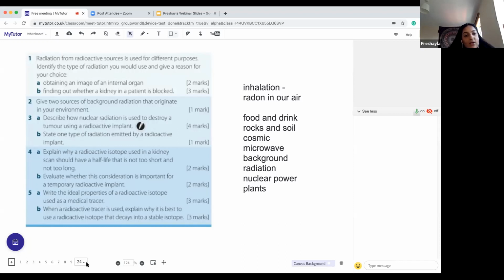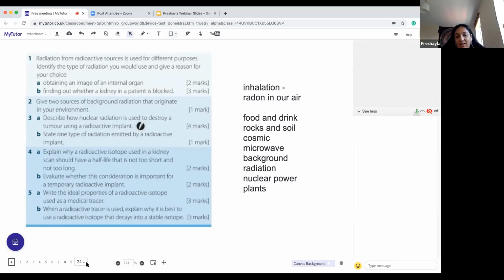Okay, and then explain why a radioactive isotope is used in a kidney scan, and why should it have a half-life that's not too short and not too long? So it needs to have this kind of balance of half-life where it's not too short and not too long.